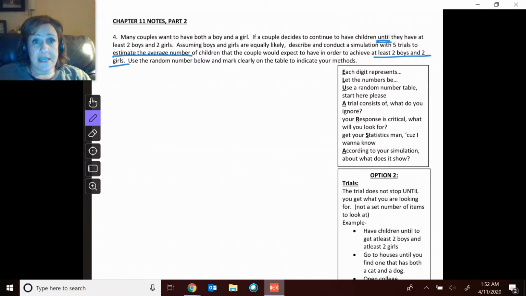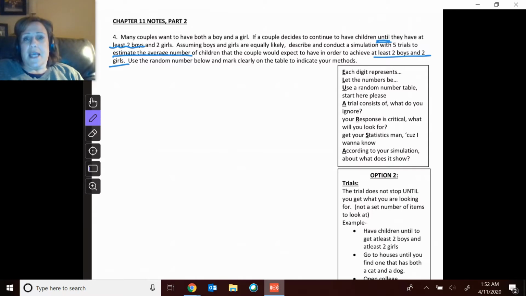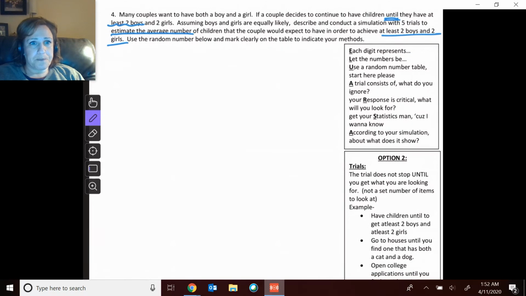This problem is a case that we cannot represent with our simple geometric methods, because it's not just one success. It's 2 boys and 2 girls. So this is an example of a more complex problem where our option is to do the simulation, and we don't have the tools right now to do it theoretically.